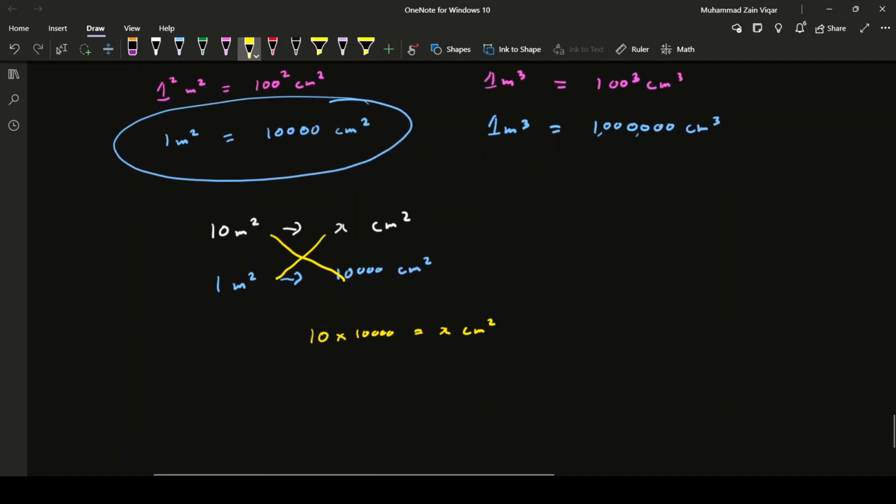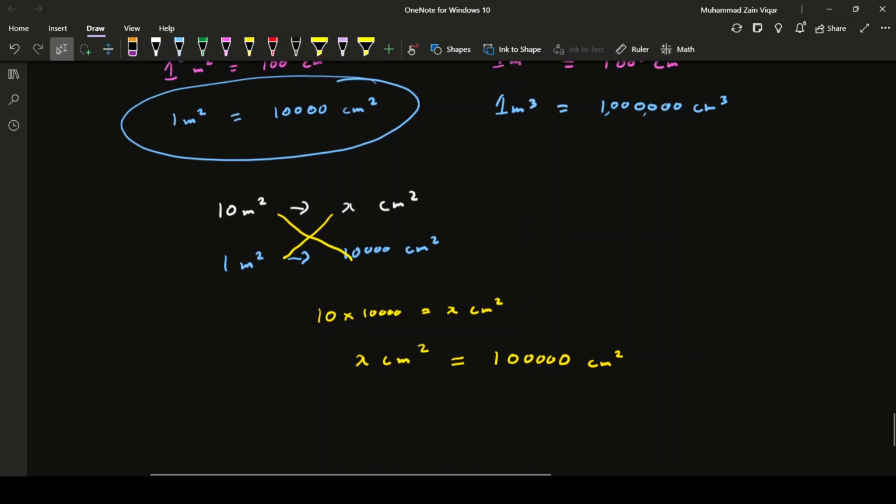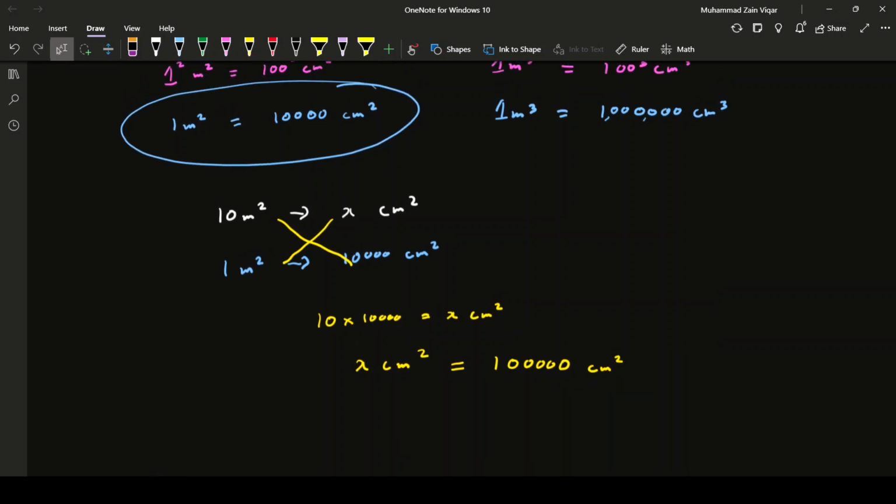So now if I need to find x, x centimeter square would be equal to 10 times 10,000, which is about 1 lakh centimeter square. So this would be my final answer. Now the answer might seem a bit large to you, but that is what it is.